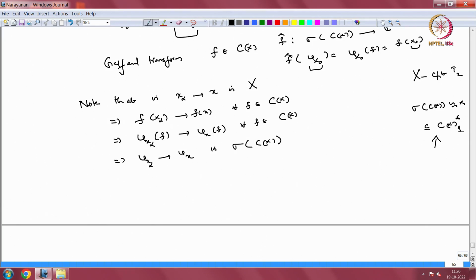So phi sub x alpha converging to phi sub x means at each point f in the algebra this convergence happens.